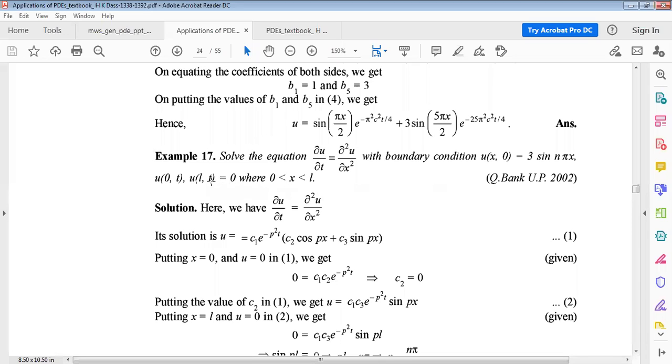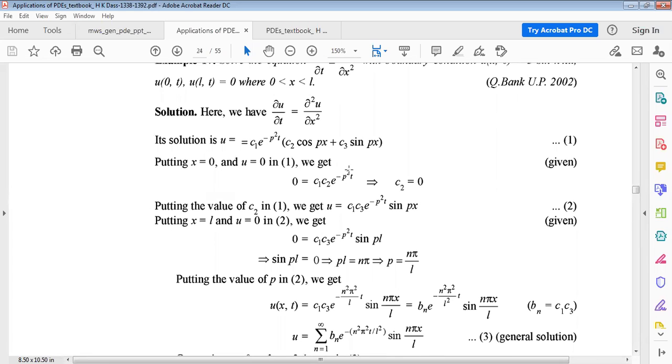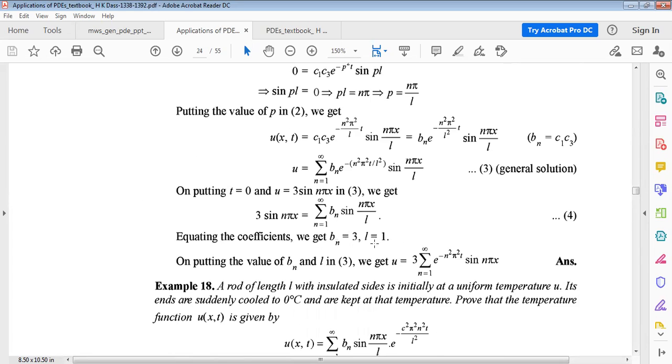The boundary conditions are given. This is the solution we have solved by the variable separable method, just imposing the same conditions. This is the general solution of this. So 15, 16, 17.